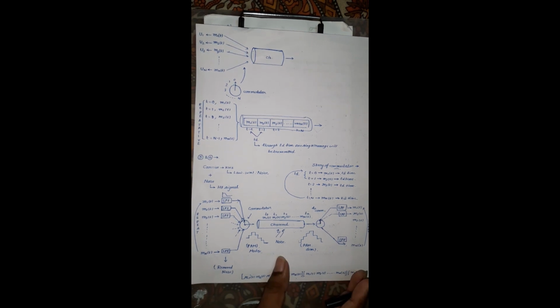That's why a low pass filter is needed in the receiver, to remove the noise and pass only the lower frequencies. The lower frequencies, that is the message signal, are needed at the receiver. The low pass filter will again do the same job: it will reject the higher frequencies and pass the lower frequencies.